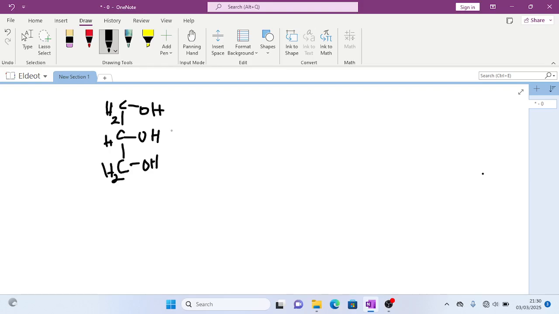So this compound is esterified with some acyl group. So acyl will be like CH3CO, we don't know n, right? Let's use the letter R here. So this is esterified with this acyl group.